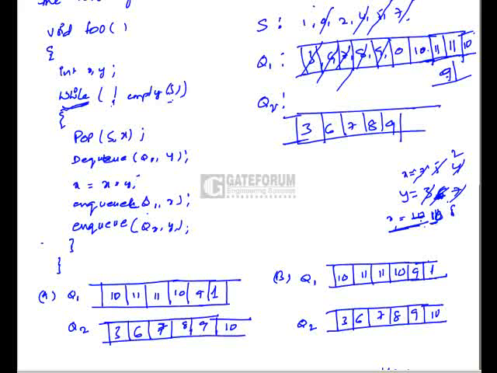After that, the last element in the stack, which is 1, will be popped out and added to the element deleted from Q1. So here 0 is deleted from Q1 and it will be added to 1.